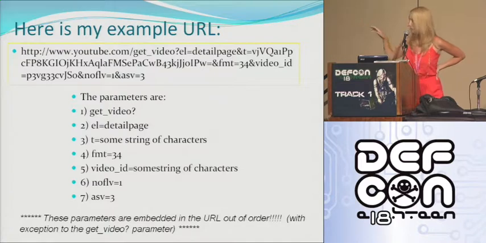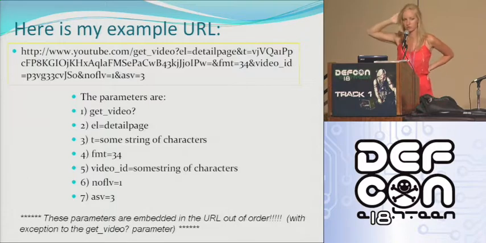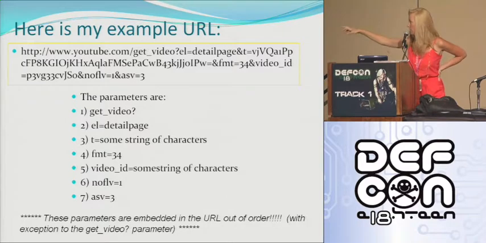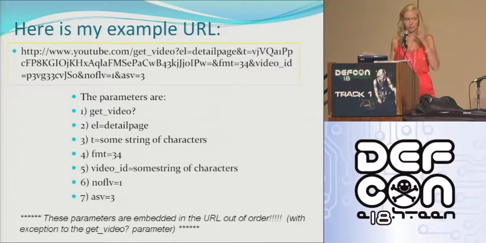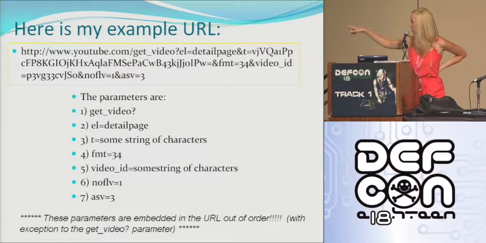There's get video, and then a detail page, there's T and some string of characters, 43 characters actually. Then there's the FMT, which has to do with resolution. Then there's the video ID, which is the actual video ID. Then there's no flu and SFV.